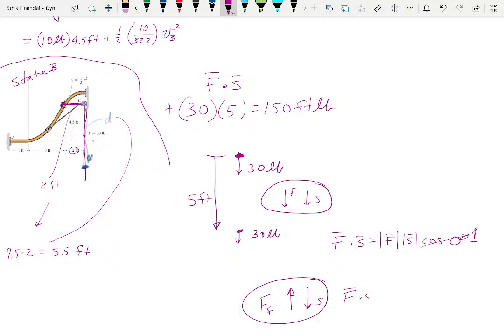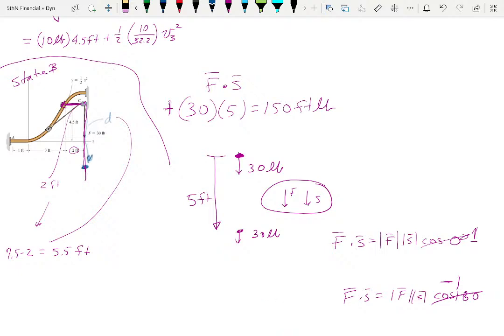Then F dot S would be F S times the cosine of 180, which becomes minus. So in fact, this term is plus because it's adding energy to the system. And if it was friction, as we've seen before, friction takes away because of the dot product.